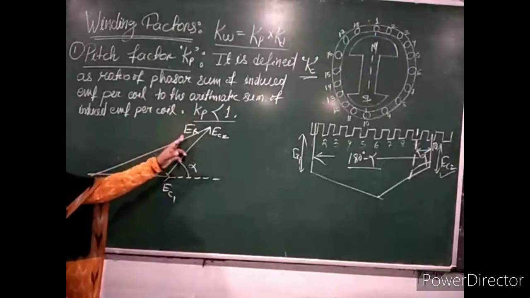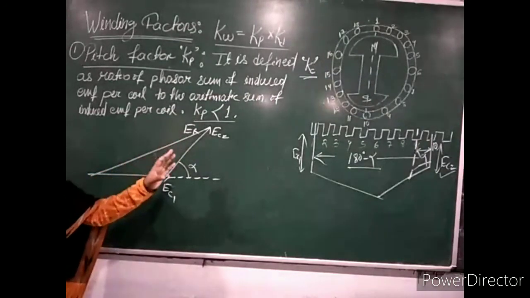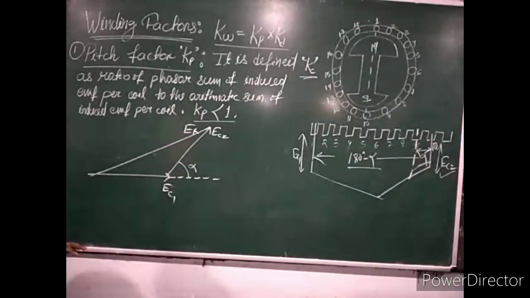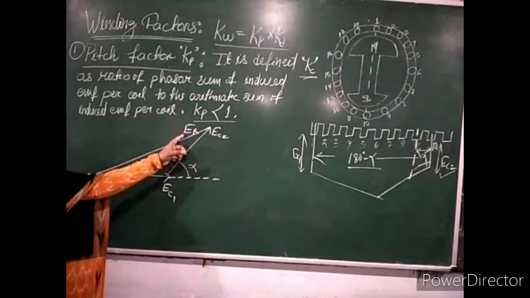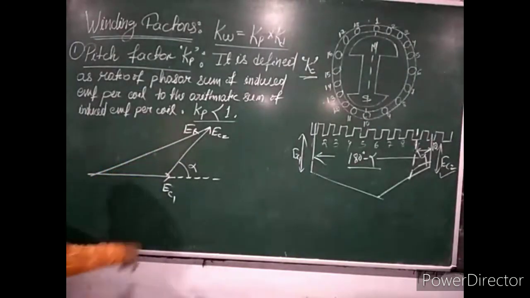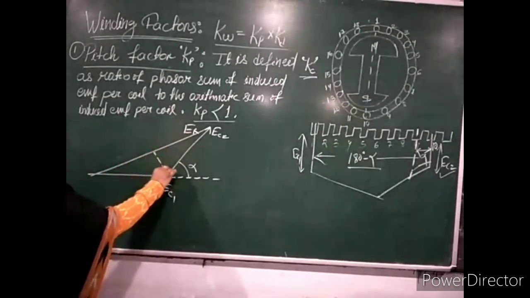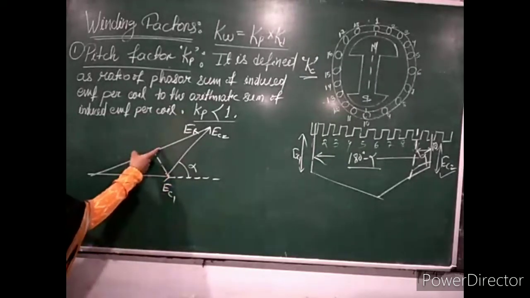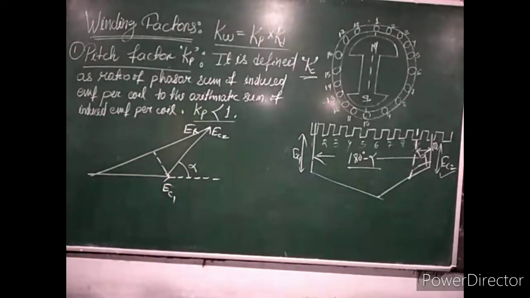That is the EMF induced in a coil in short pitch winding. So now you see how I derive this ER. Here I draw a perpendicular line from this to the resultant axis.